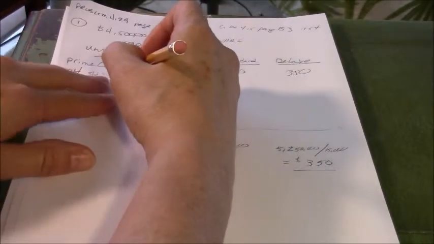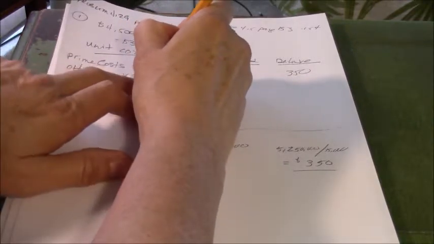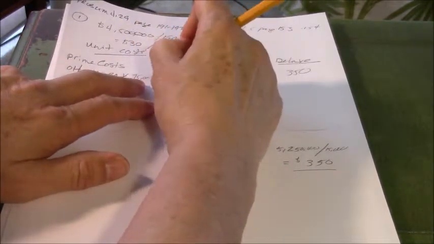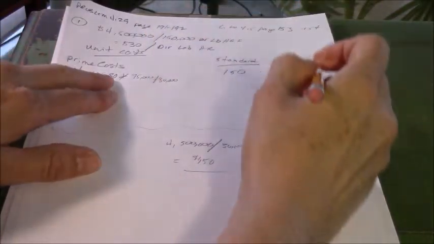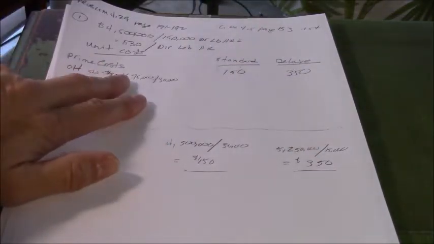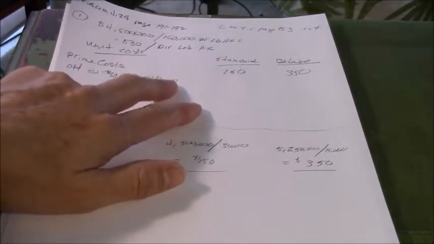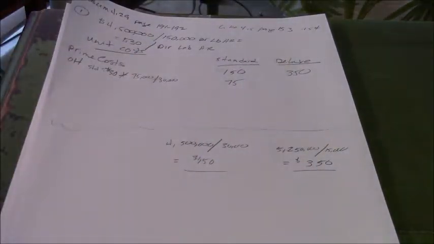That is equal to 30 times 75,000 divided by 30,000 units, right? $30 per hour times how many hours we spend, but divided by the units. So that ends up being $75 per unit of overhead for standard.